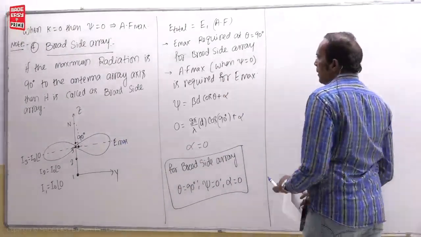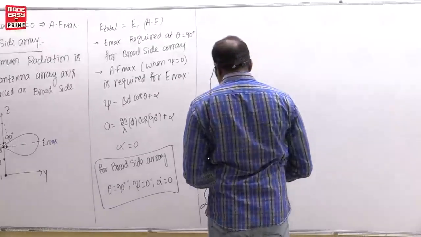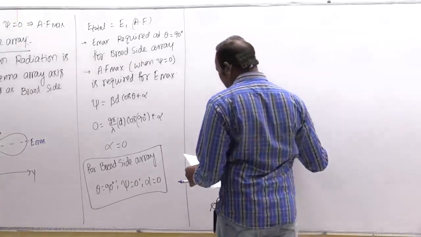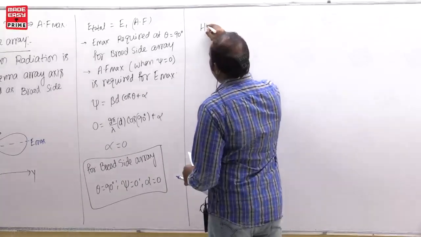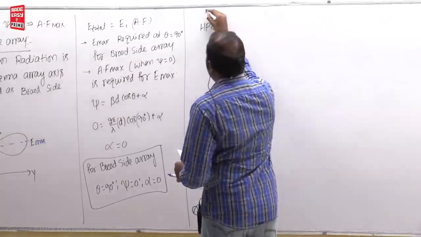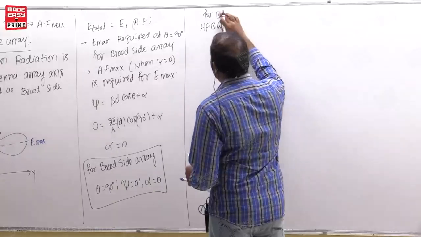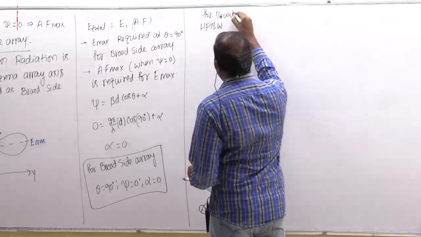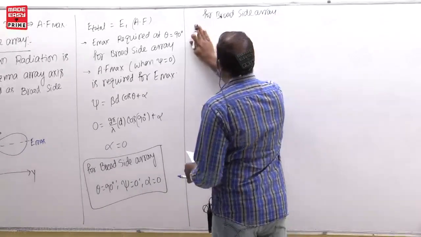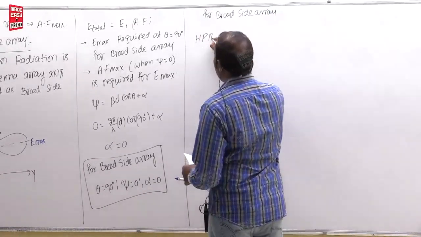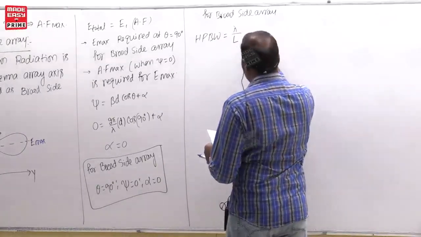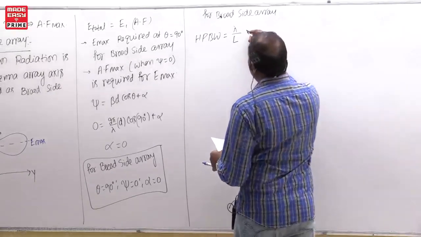Now, actually, there are some formulas here for broadside array. Half power beam width is equal to, these are formulas, students, you have to remember them, lambda by L. It is in radian actually.